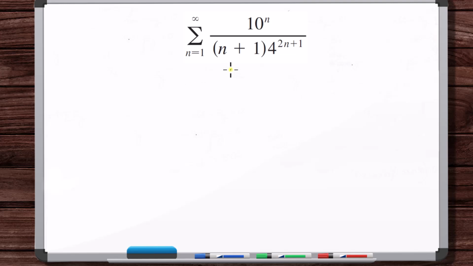Okay. As far as absolute value is concerned, exponentials like this are always positive, even if you had a negative value in the exponent.